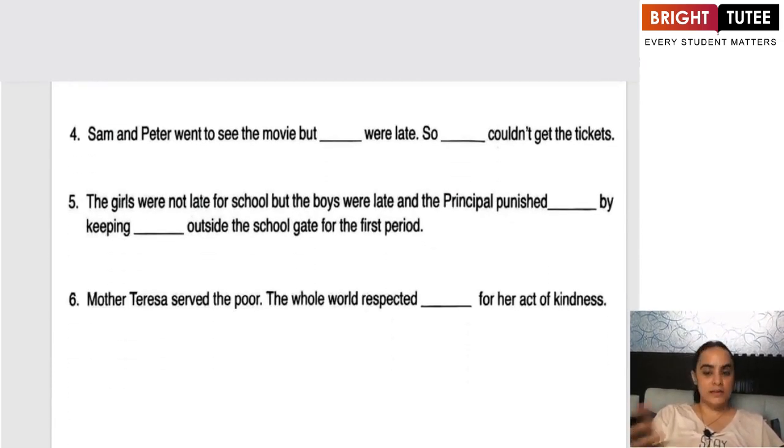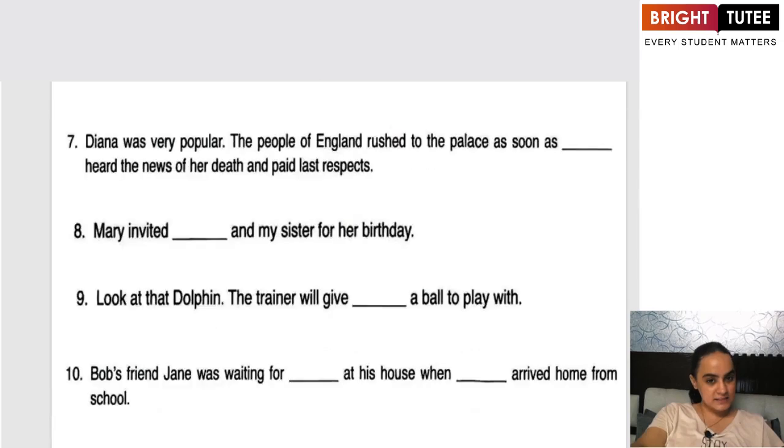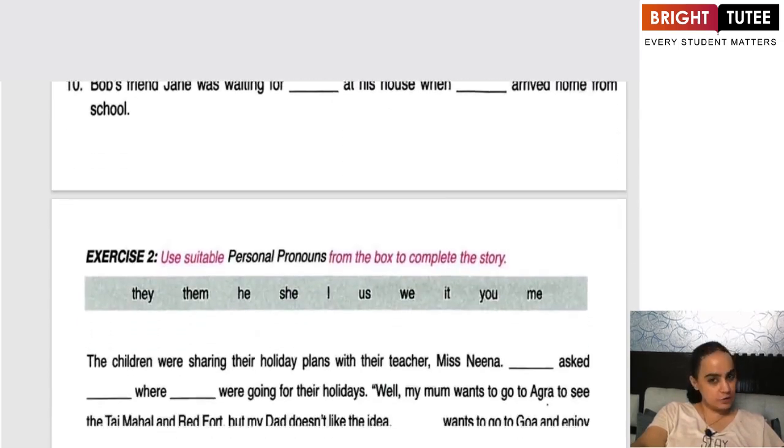If I come to the next sentence, Sam and Peter went to see the movie, but they were late, so they could not get the tickets. The girls were not late for school, but the boys were late, and the principal punished them by keeping them outside the school gate. So these were the personal pronouns, and this is how I completed my sentences. The next 5 you can do on your own.